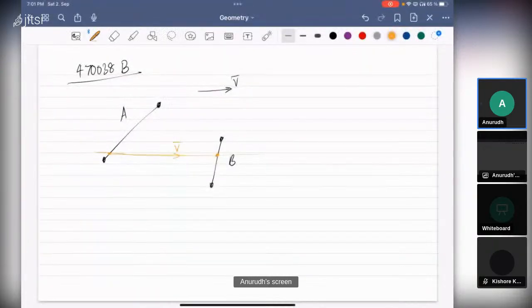When you look at this diagram, it seems interesting that if you take parallel lines to V in the neighborhood, it still continues hitting B if it already hits B. So you can keep moving this line up or down till you hit one of the vertices of either line segment. Till you hit one of these endpoints, you can keep shifting where you are.